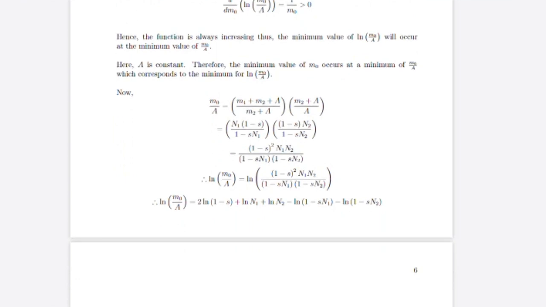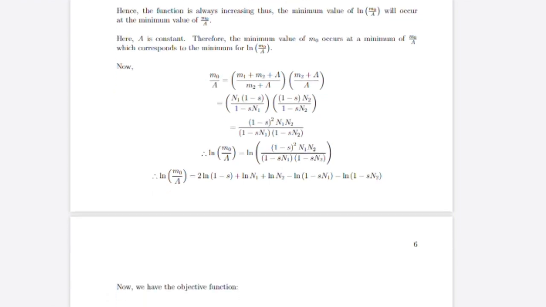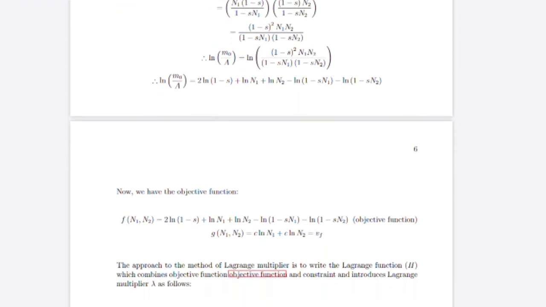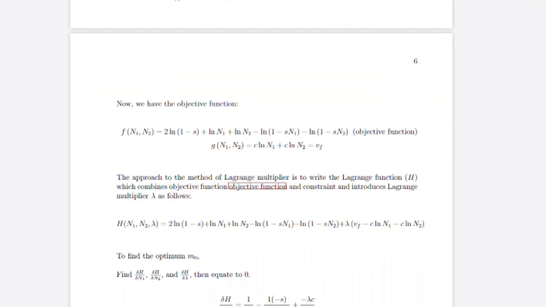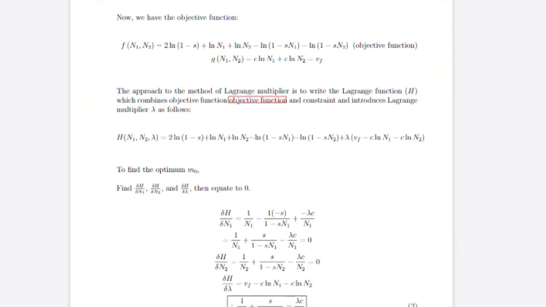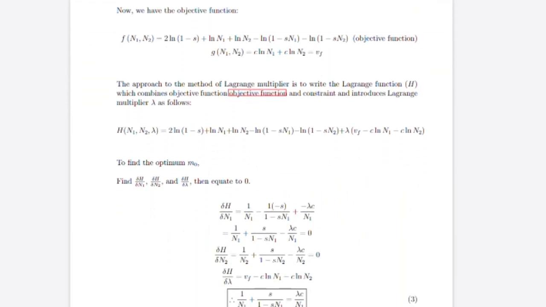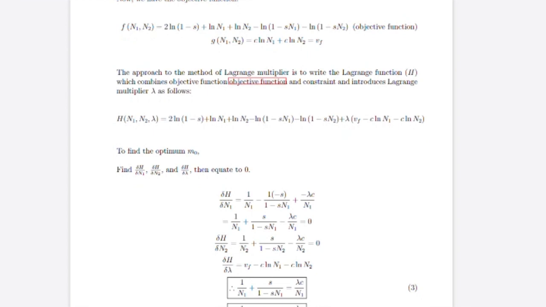So now, if we further find ln m0 by a, we get the relation ln of (1 - s) squared n1 n2 upon (1 - s n1)(1 - s n2). So, we have finally got our objective function, and we have also got our constraint function, which is g(n1, n2) equals c ln n1 plus c ln n2, which is also equal to final velocity.